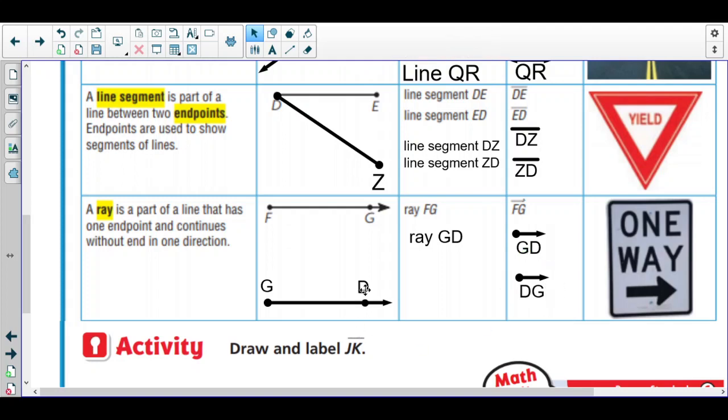Well, that means that my starting point would have to be D. So it's really important to name that first one. That's your point, and then it goes through up to point G and then goes through it.